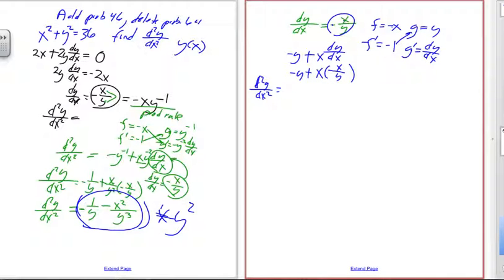So what I've got then is I'm going to have -y over y squared and then minus x squared over y times y squared.